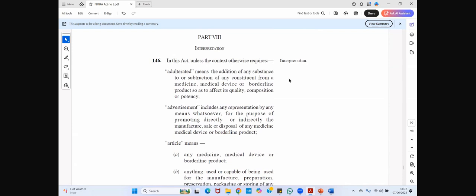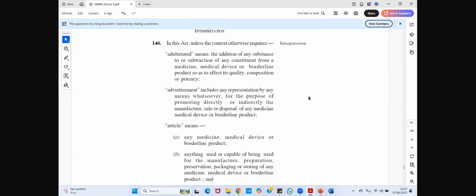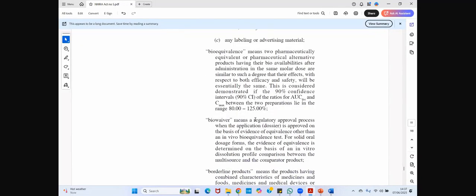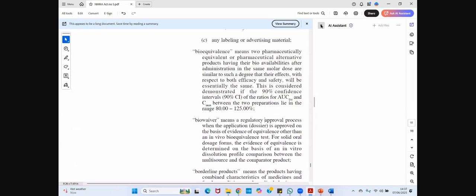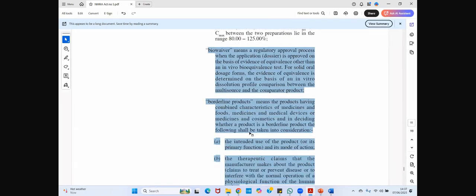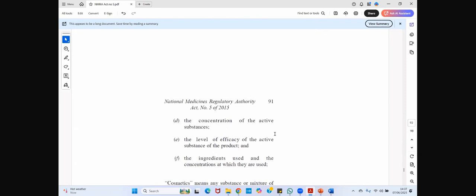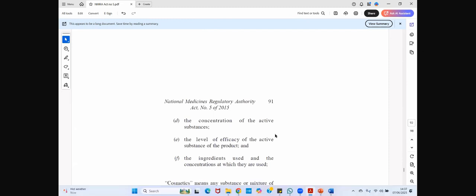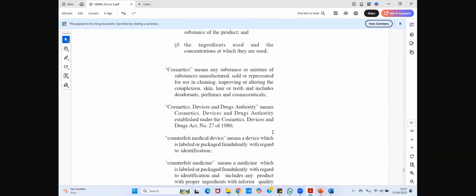So now we have Part 8, interpretation. As I mentioned, whatever is given here are the definitions, right? So you can go through it if you have any doubt. So bioequivalence test, biowaiver test, right? Biowaiver test, borderline products, cosmetics.